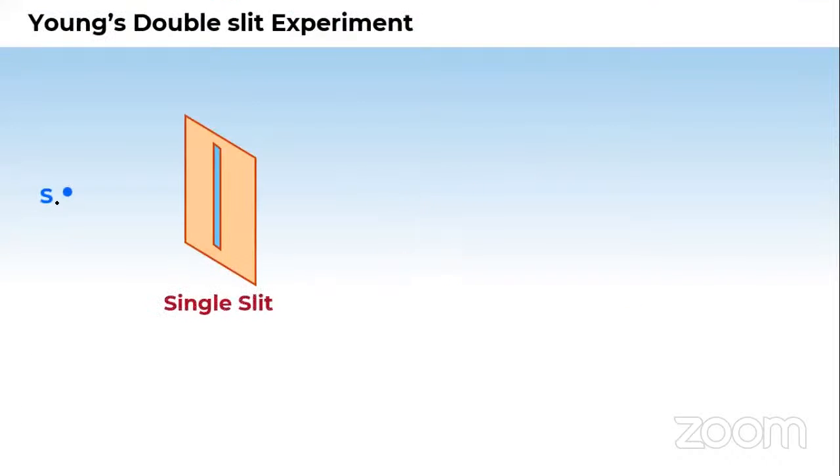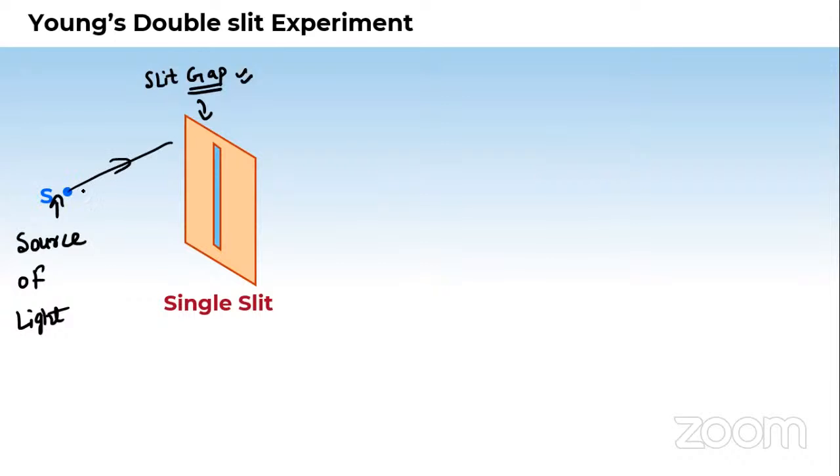Suppose you have a source of light. And this is a cardboard which contains a narrow slit, a small slit gap. From this source of light, the light rays are coming out, like this.